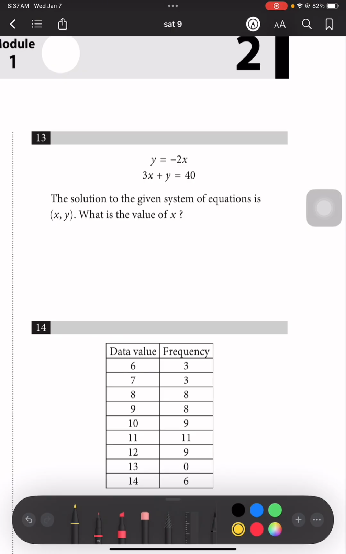We can say 3x, substituting the y, because they gave us what y is, plus a negative 2x, which is the same as 3x minus 2x, which is equal to x, which is equal to 40.